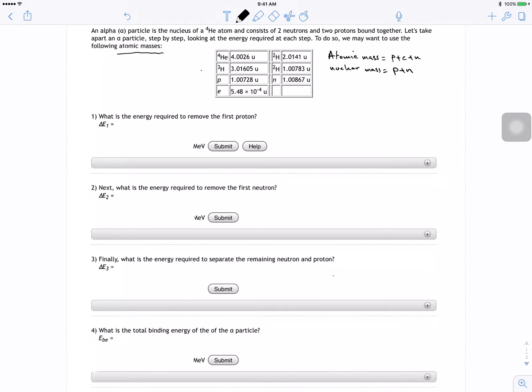In the first problem, what is the energy required to remove the first proton? What is the energy required to go from here to this one right here?